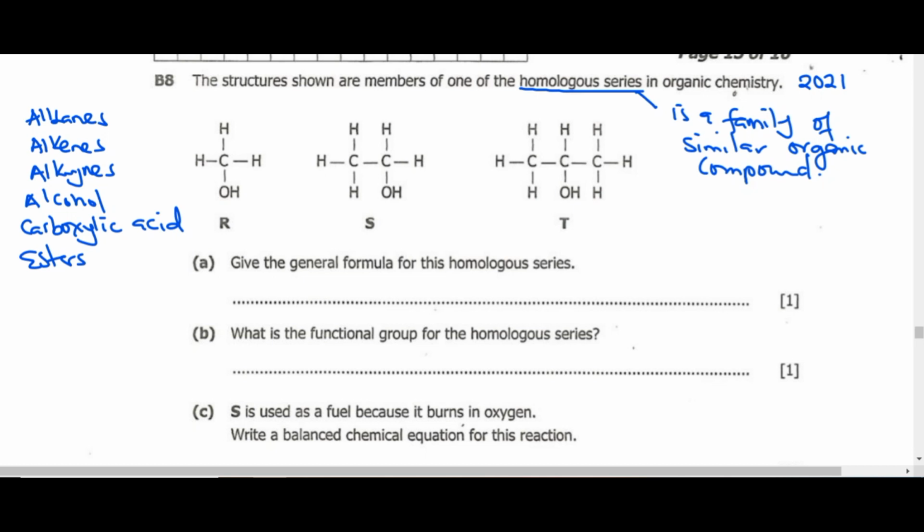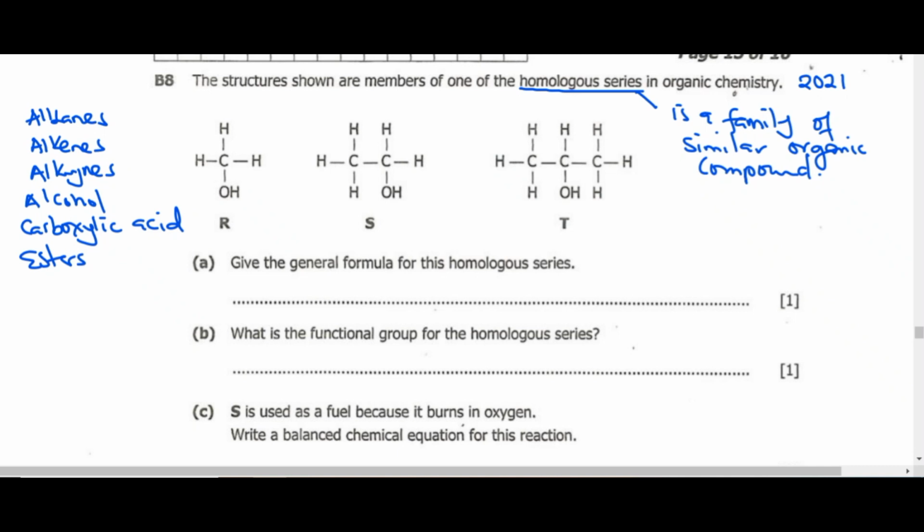When you look at the family members that we have, from the figures given we are going to identify one. How can we know the family members of a homologous series? The formulas help us to understand and to know.